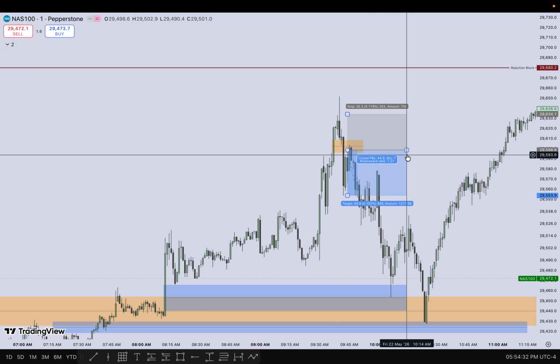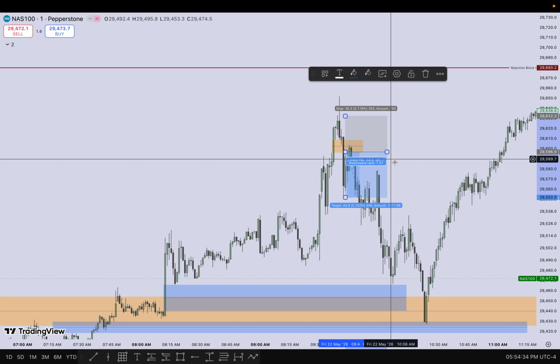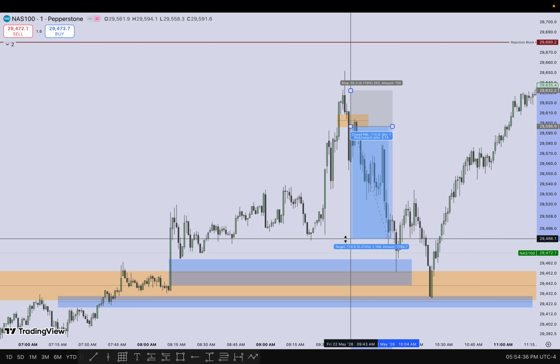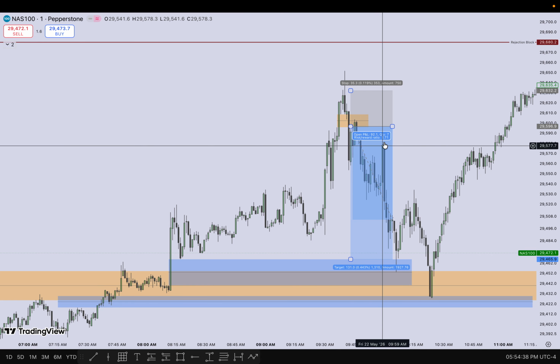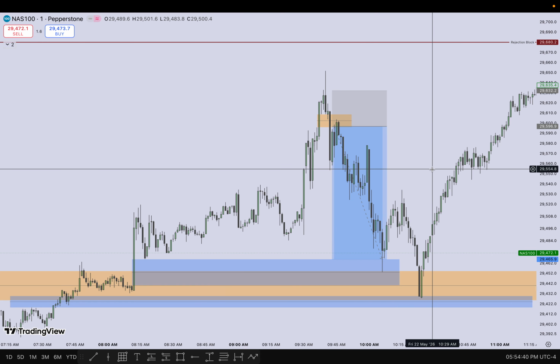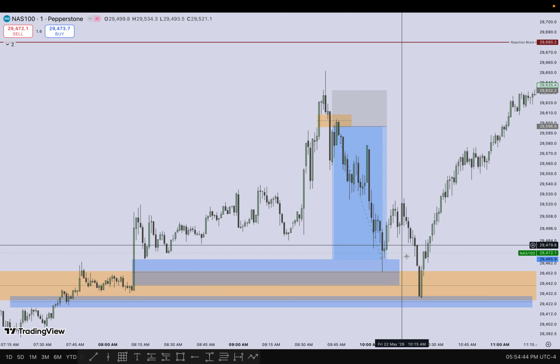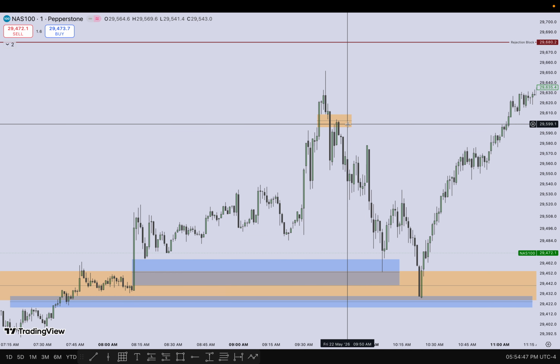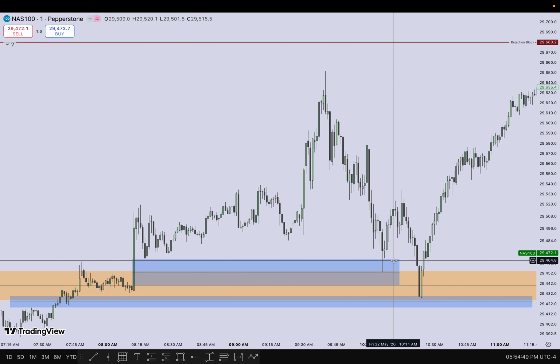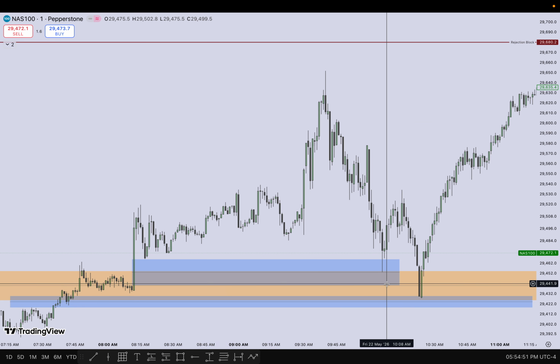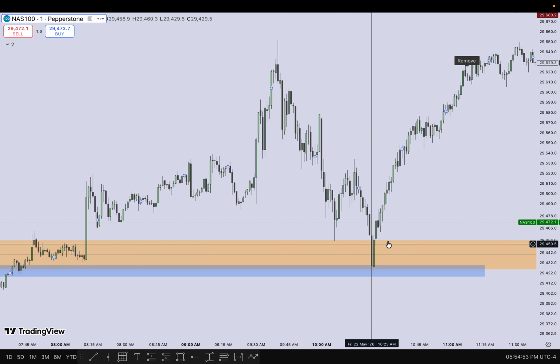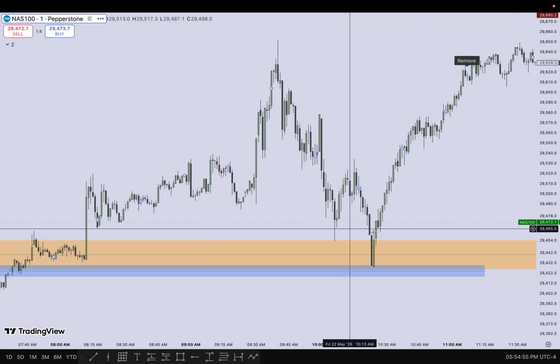So I will target this area, because we have an inefficiency left here and we need to take this inefficiency before going higher.